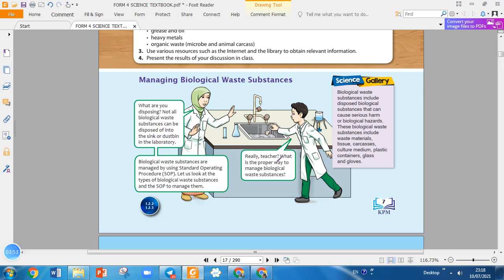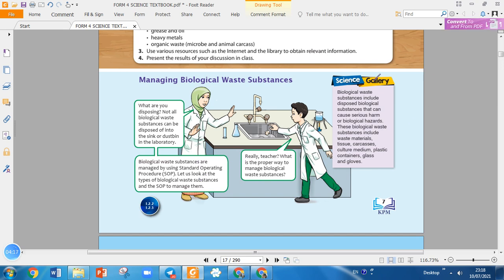What is the proper way to manage biological waste substances? Biological waste substances are managed by using Standard Operating Procedure (SOP). Let us look at the types of biological waste substances and the SOP to manage them.